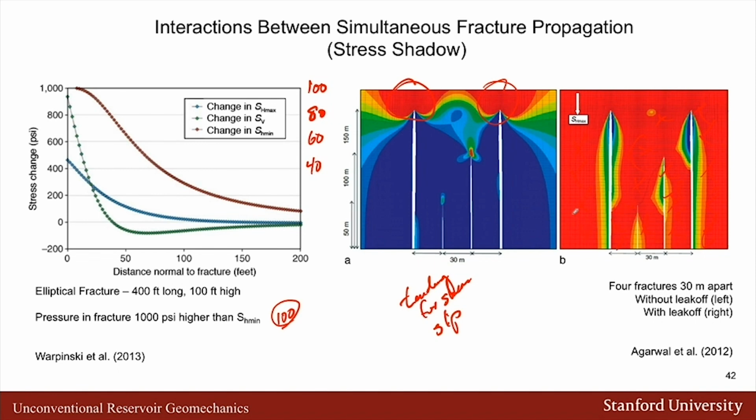So this is a very nice numerical illustration of this principle I've been talking about, that with slick water, you get the hydraulic fracture plus this zone of shear stimulation surrounding it, and with a viscous gel, you would tend not to.